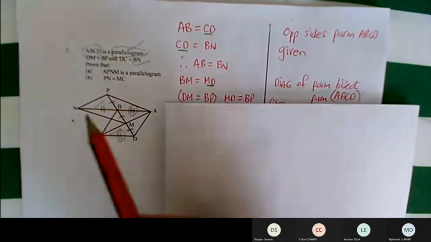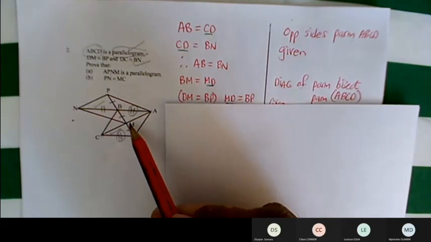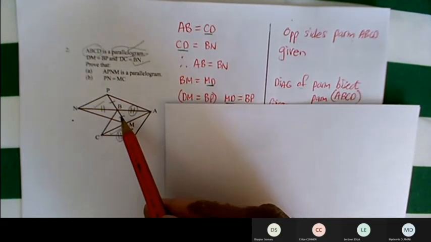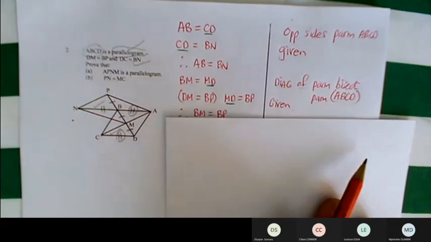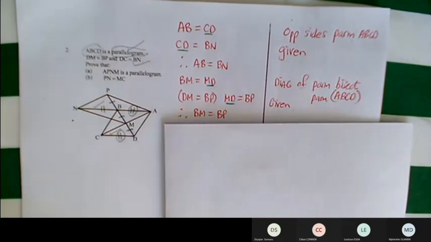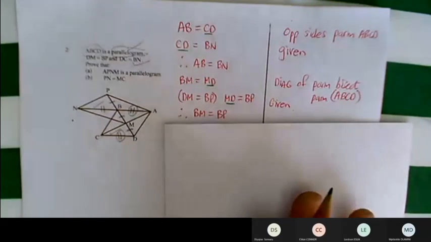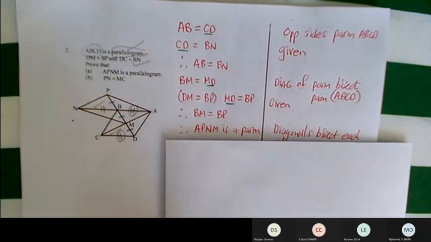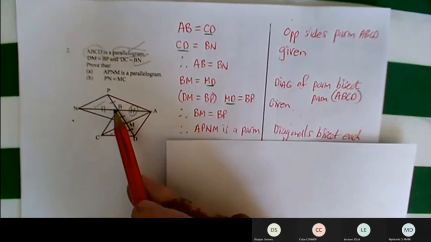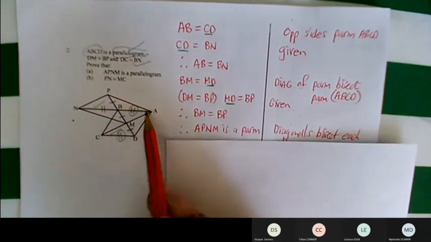Therefore, BM is equal to BP. Therefore, APNM is a parallelogram. The diagonals bisect each other.